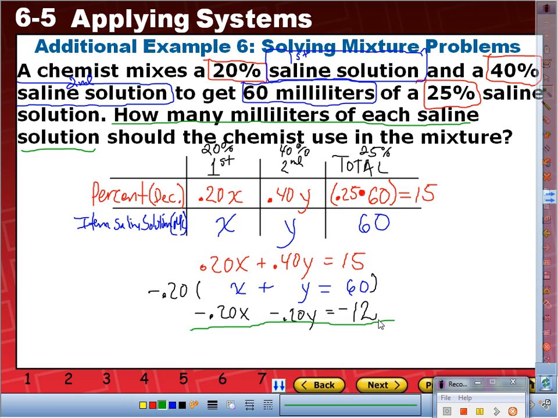So at that point, we're going to eliminate. Let's see. This cancels this. 0.40 minus 0.20, that's 0.20y equals 15 minus 12, that's 3.